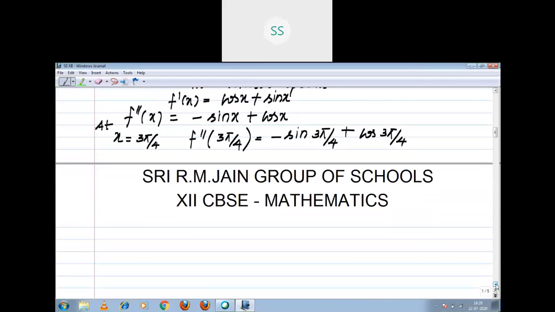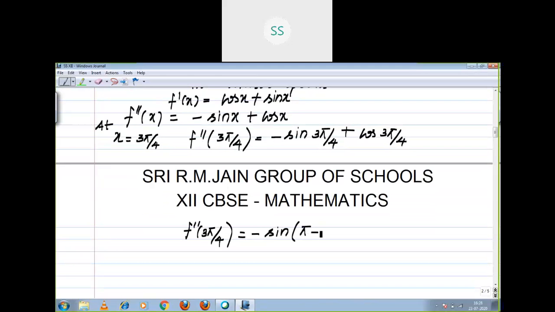Minus sine, here, f double dash of 3 pi by 4 equal to, what is that? Sine 3 pi by 4 is nothing but what? 135 degree. I explained in tan. The same way you are going to write it in sine also.